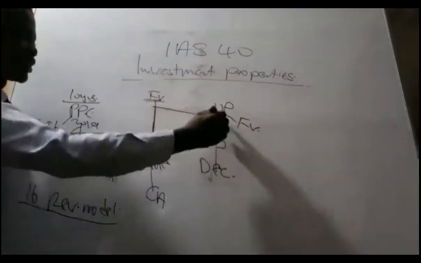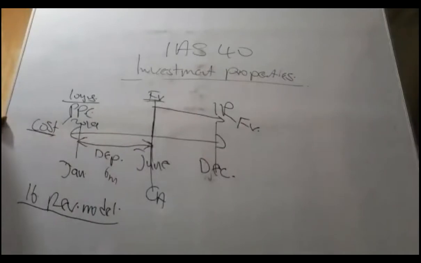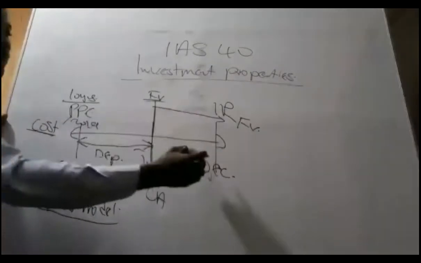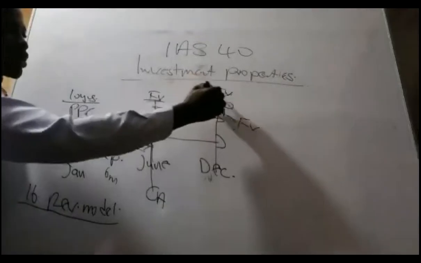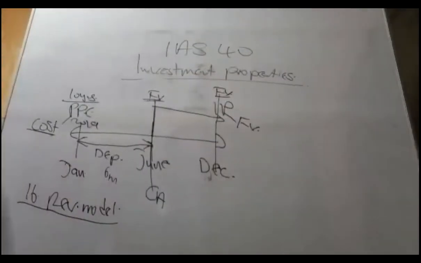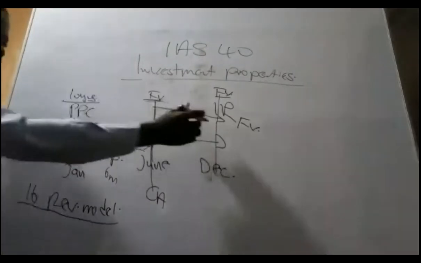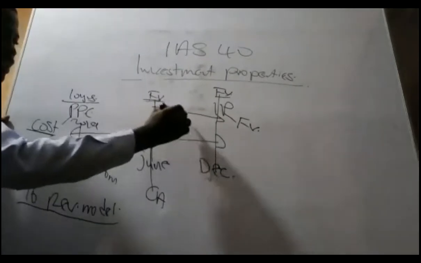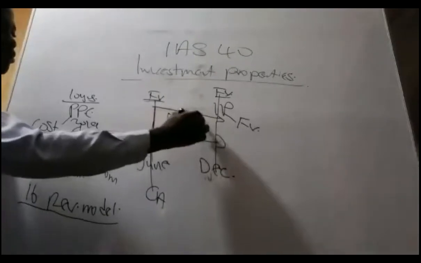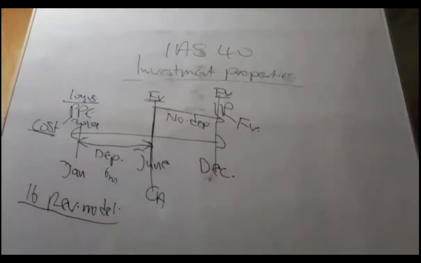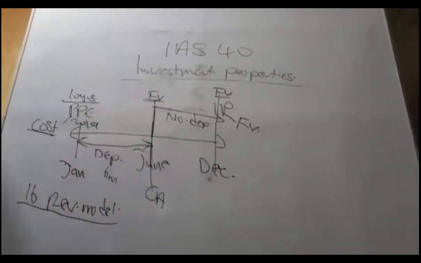And then if there's another fair value at the end of the reporting period, then now I use what we call IAS 40, fair value model. What does the fair value model state? The asset, don't depreciate it. So from here going, no depreciation, because investment property held under the fair value model has no depreciation.